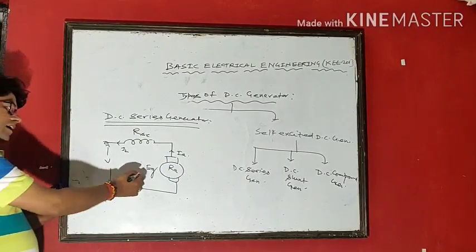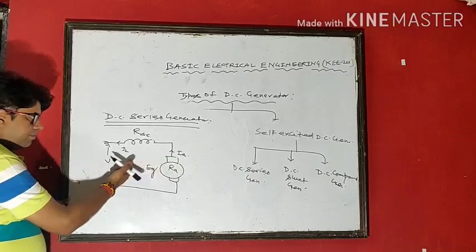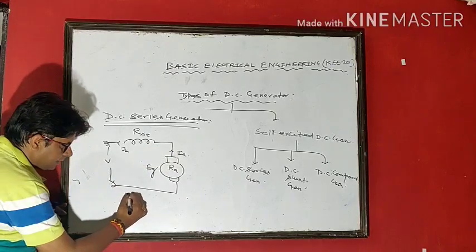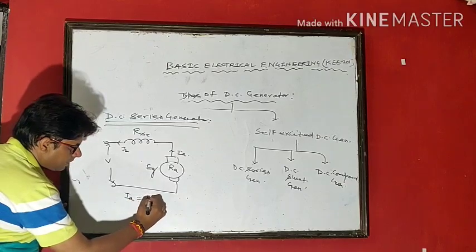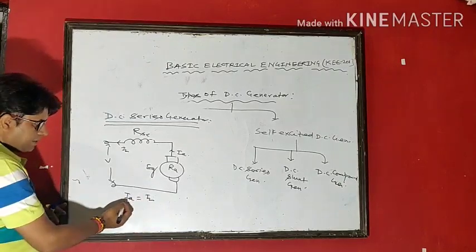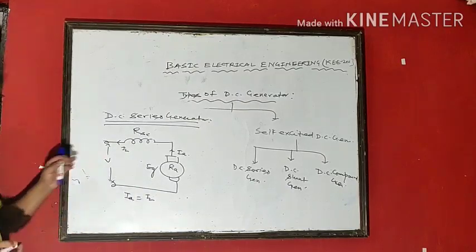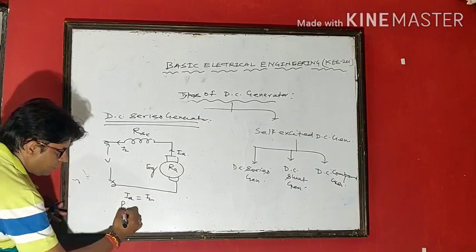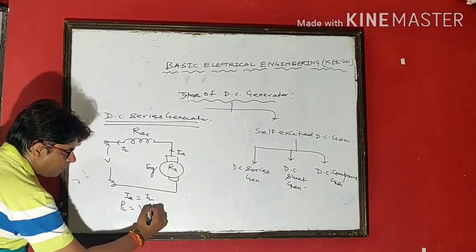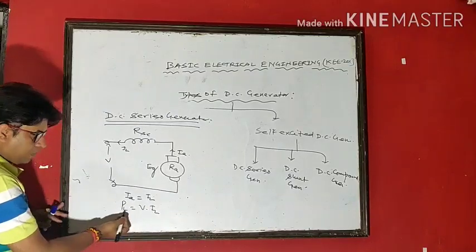And from this diagram, what is the value of EG? From this diagram, IL is the load current, and IA equals IL. IA is the armature current, IL is the load current. How to find IL, that is load current? We know that load power PL equals V into IL. PL is the load power.